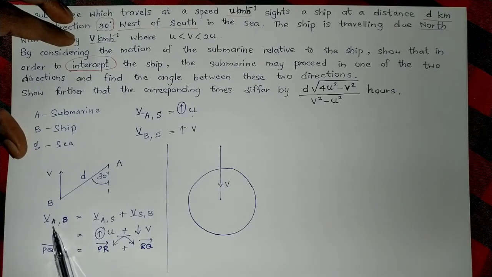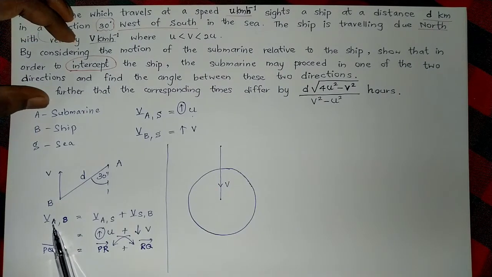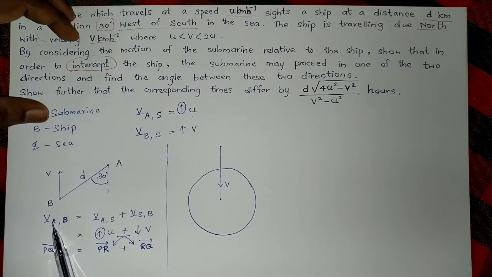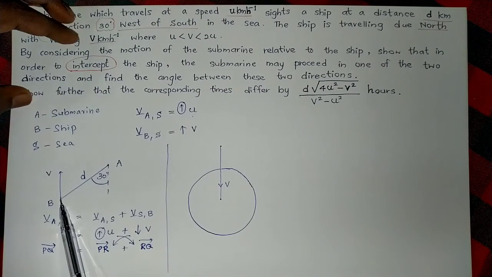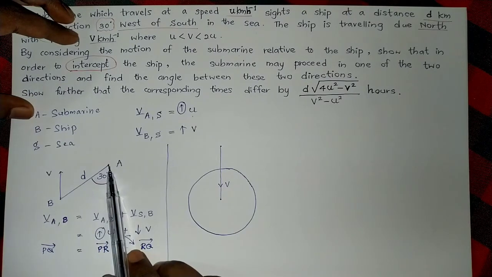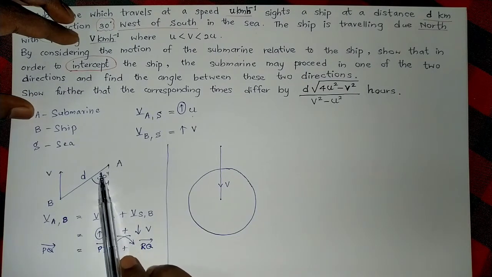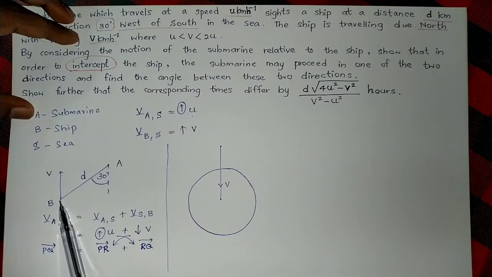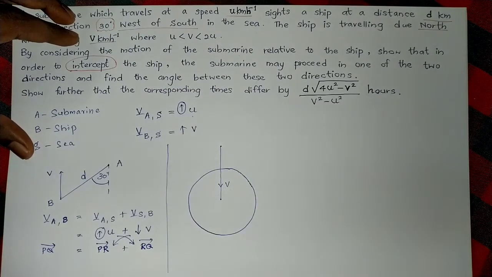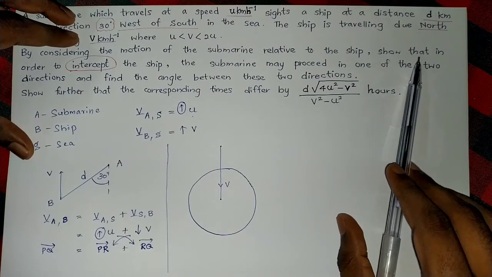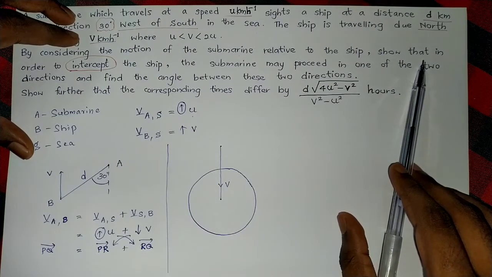Here I am going to consider the velocity of A, the velocity of the submarine with respect to the ship. Now the ship is stationary at this location. If A is going to intercept, it must travel along this path. That is the logic. In the question, they are asking us to show that there are two directions.